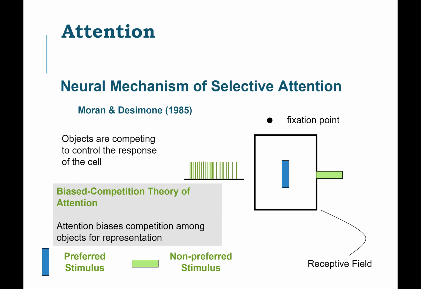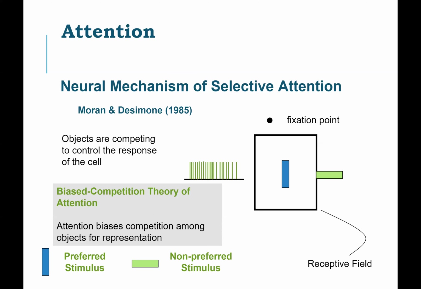So the competition is between the objects to control the response of the cell, not just one cell, but probably the entire brain area, right? They're not just competing for one cell. These objects are in the receptive field of many, many cells. And when you go a level higher, the receptive fields get much bigger, and the same objects are in the receptive field of those cells.